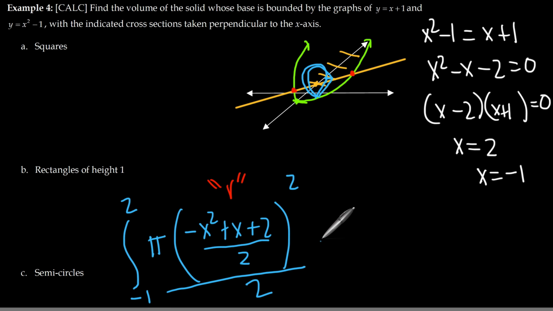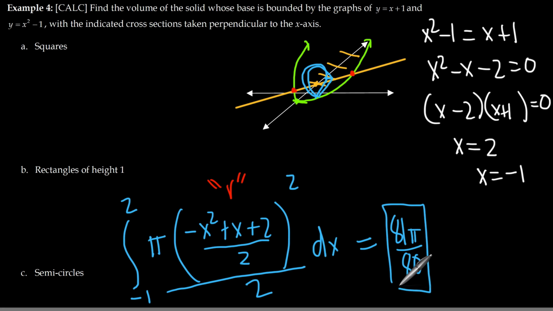And we need to multiply this by dx, which is the thickness of this particular solid. Make sure that you type this all in your calculator correctly. And when you do, you will get the following answer. 81 pi over 80. And that, my friends, is how you find the volume using cross sections.